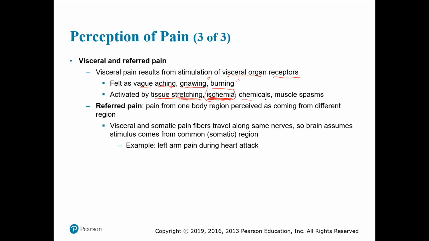Chemicals is kind of general, right? The different chemicals, and you'll probably learn more of those in AP2, the pain-producing local hormones that are released and other chemicals. Pain in muscles, like from tightness, cramps, or spasms, right?